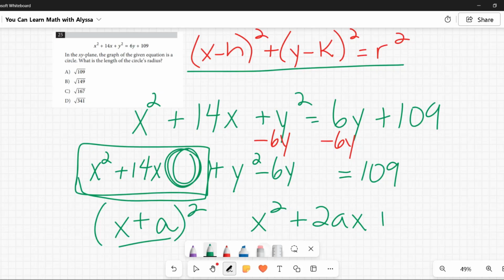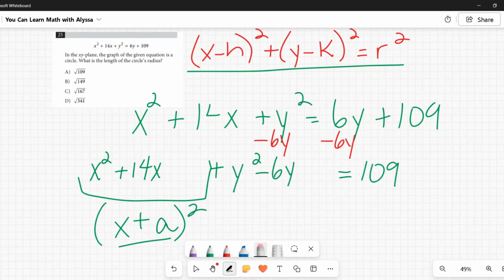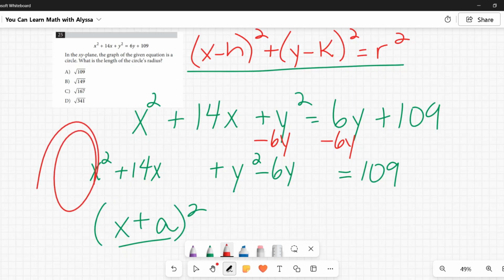And it's important, this doesn't show up that often on the SAT, but just in case it does, I would be remiss if I did not tell you, you cannot do completing the square if there is anything in front of the x squared. I mean anything, a negative, 2, 3, a quarter, a half, I don't care. Any number, any fraction, any negative sign, you cannot have anything in front of the x squared and still do completing the square. It just won't work.